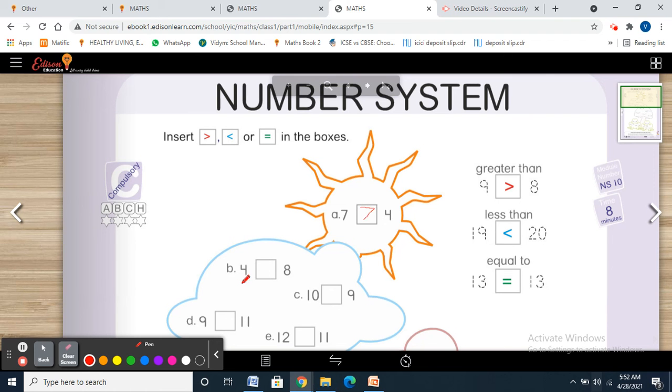Then 4 and 8: 8. Very good. 10 and 9: 10 is more than 9. 9 or 11: 11 is greater than 9. 12 or 11: 12 is greater than 11.